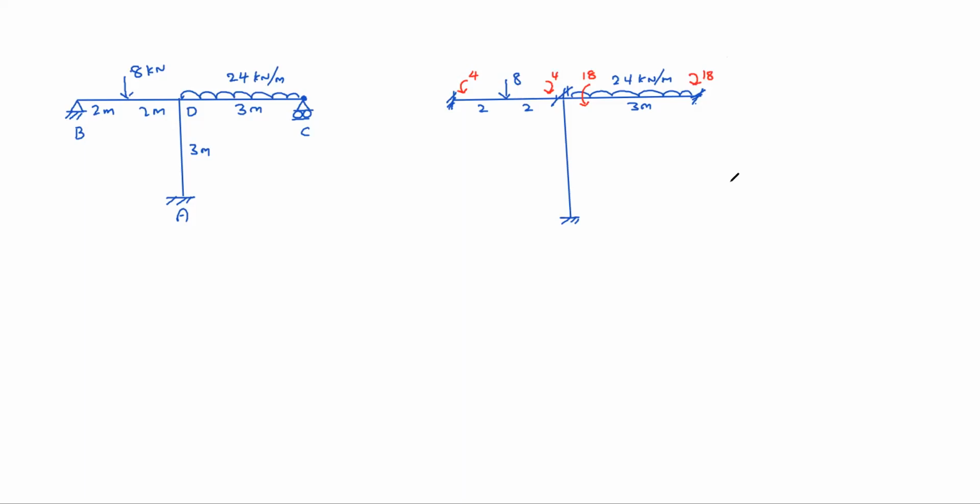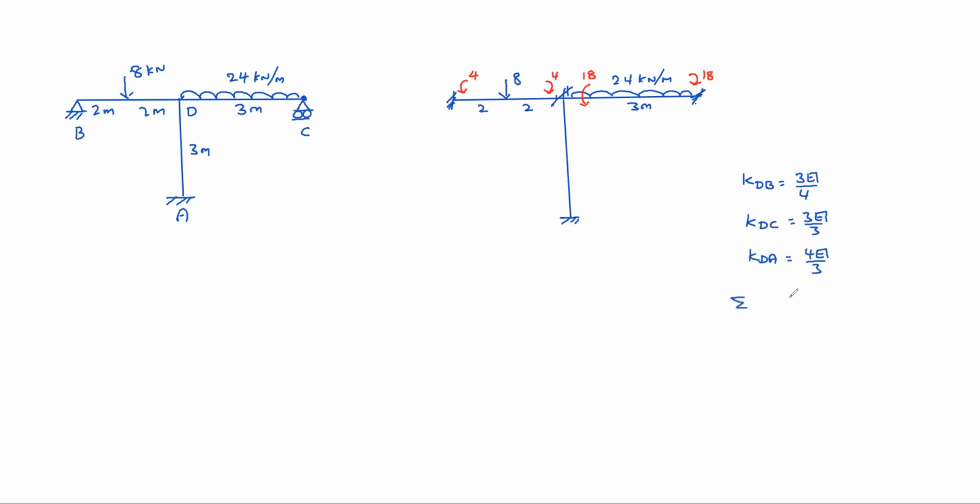Next, stiffness. KDB is 3A by 4. KDC is 3A by 3. KDA, how much? 4A by 3.